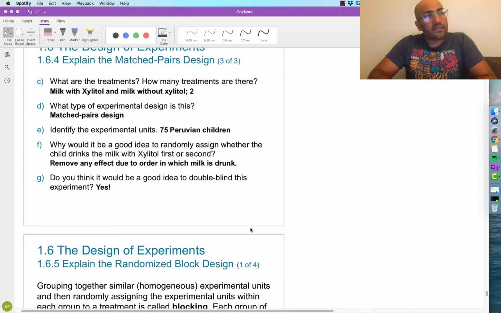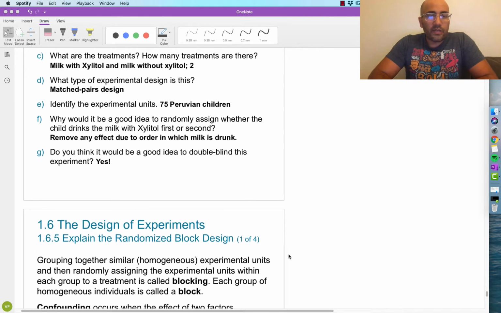Like maybe, for example, let's say the xylitol really does have a strong sort of taste to it, so strong that when you taste it first and then you go back to just the milk by itself, there's still residual taste in your mouth from the first one, and so it might impact the score of the child on the glass that just has the milk by itself. Good, good, good. So you want to randomize the order as well.